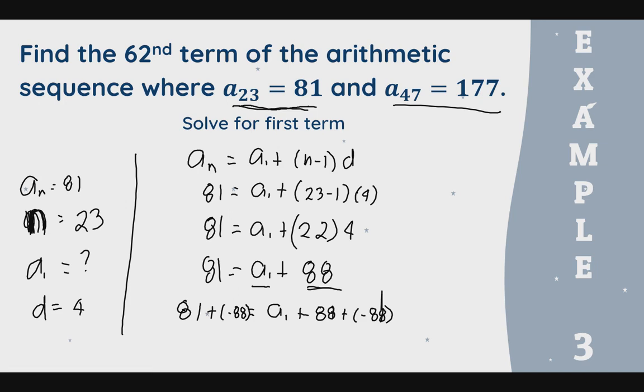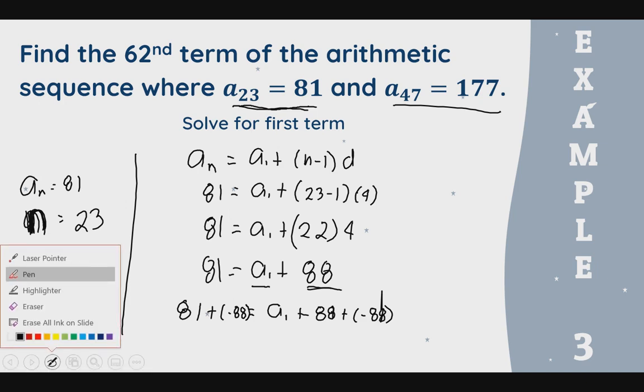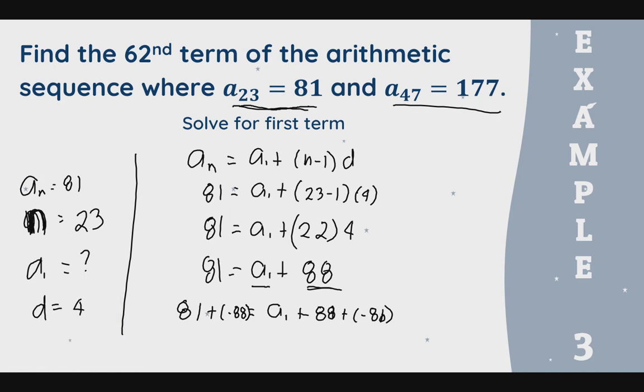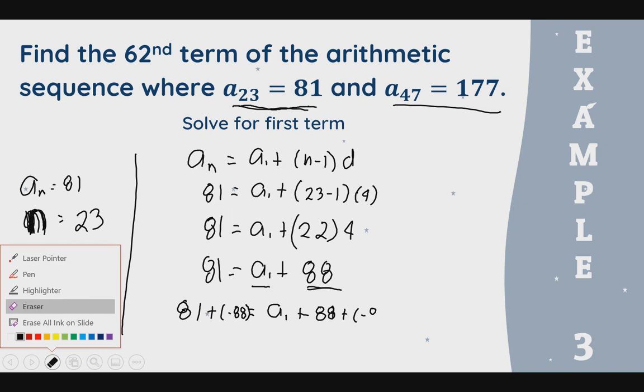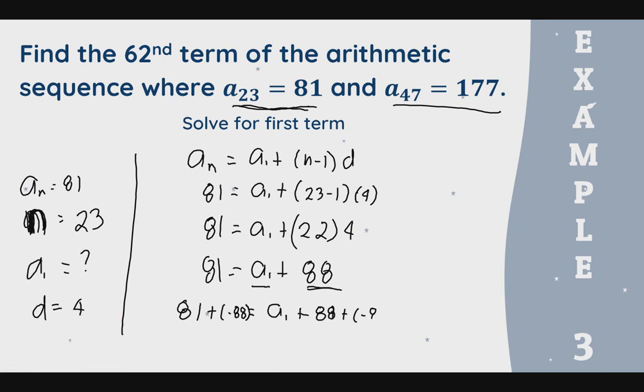Okay, sorry for those spikes. I don't know where they are coming from. Going back, when we add additive inverse integers, such as positive 88 and negative 88, we will get 0.